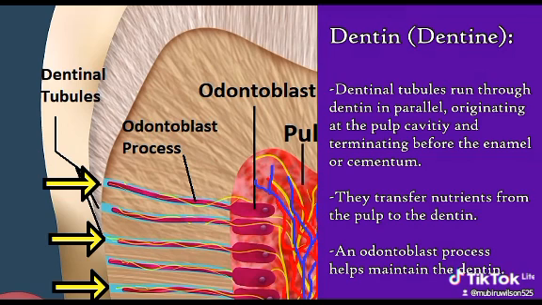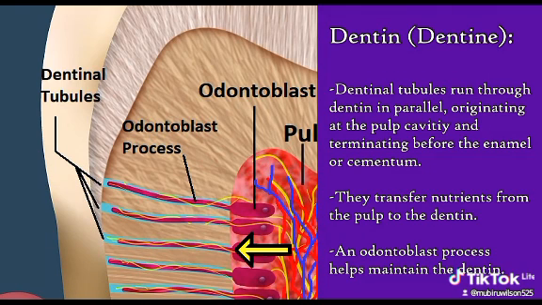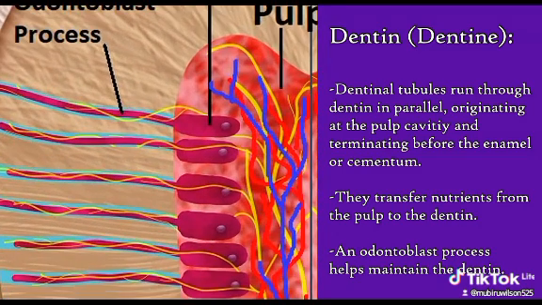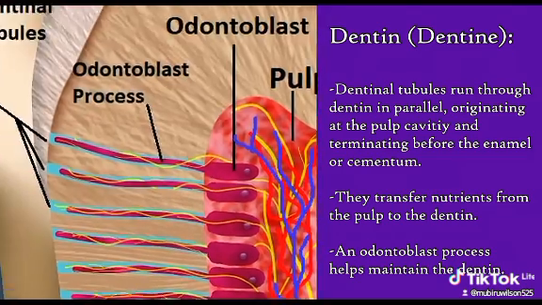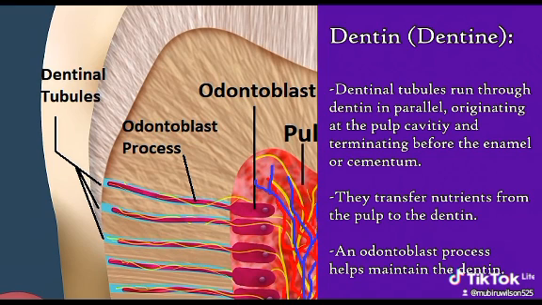Dentinal tubules run through the dentin in a parallel pattern, originating at the pulp cavity and ending just short of the enamel or cementum. And these tubules transfer nutrients from the pulp to the dentin and contain an odontoblast process which maintains the dentin.